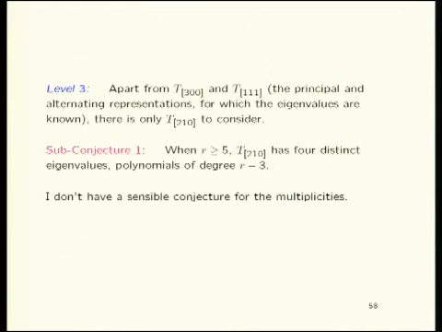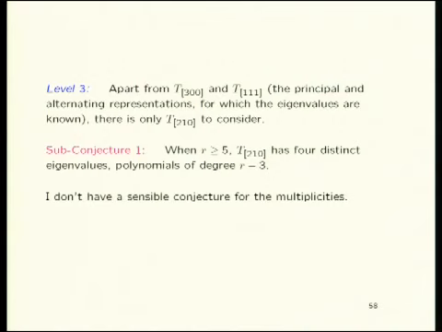At level 3, there's a partition of 3 into two non-zero parts, 2 and 1, and I don't know what the eigenvalues of the corresponding matrix are. Again, the size depends upon r here. The width is increasing.